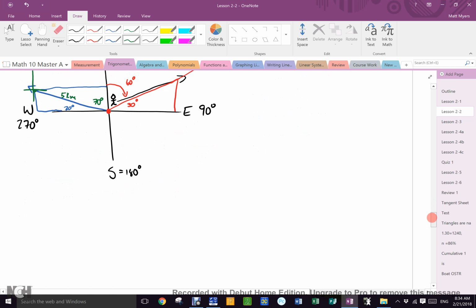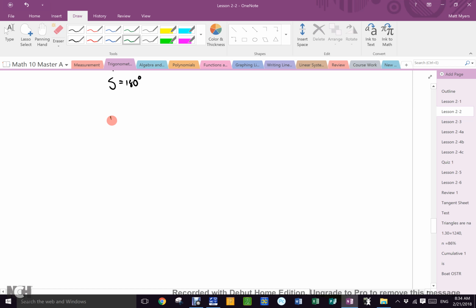Now, sadly, there is another way that we use the directions. And these are what we call headings. And they're a little bit weirder, but they're almost the same way. A bearing is a number from 0 to 360. A heading is a direction.